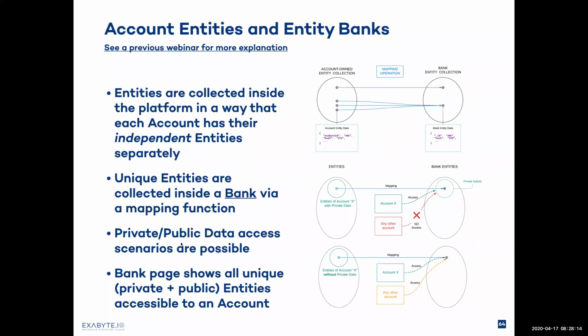But when the account has public data, other accounts can see the entities created inside the entity bank. And that's how we have the list of workflows and materials in the bank that are accessible to multiple platform users because there are multiple people contributing to the public repository of data.